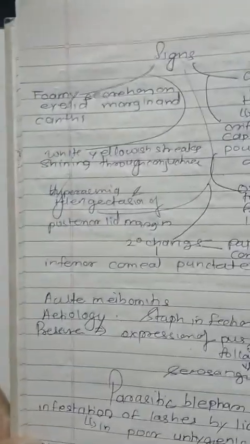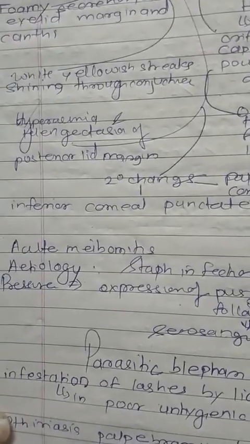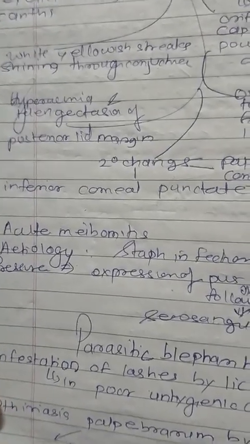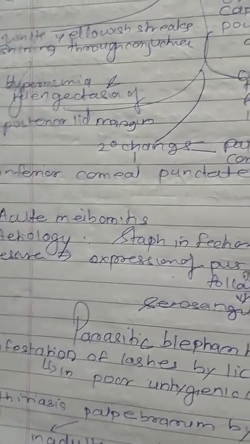Signs are foamy secretion on the eyelid margin and canthi, white yellowish streaks shining through the conjunctiva, hyperemia and telangiectasia of the posterior lid margin.